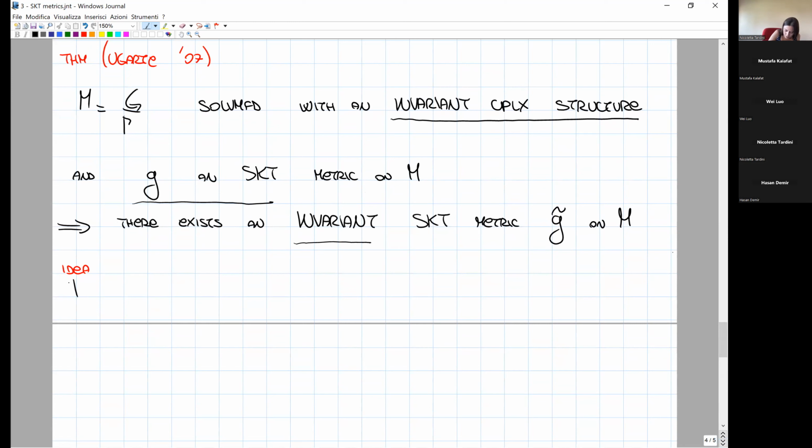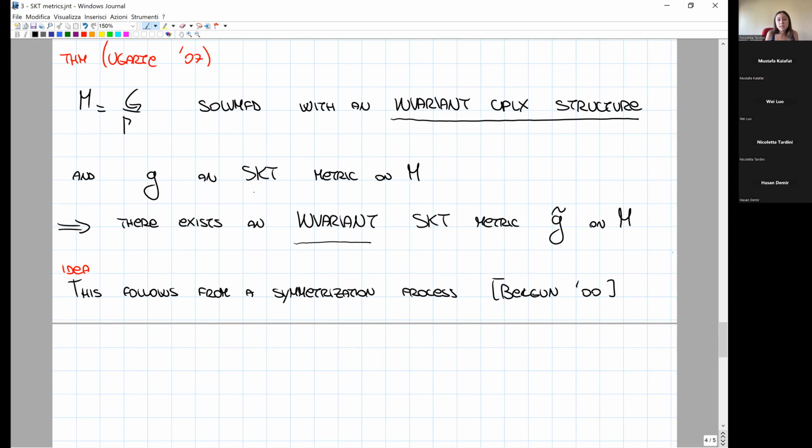This follows from a symmetrization process that is due to Belgun in 2000. Actually, now we're going to see what this symmetrization process is, but a similar result holds if, instead of an SKT metric, you take other kinds of metrics like balanced metrics, for instance. You have the same result.